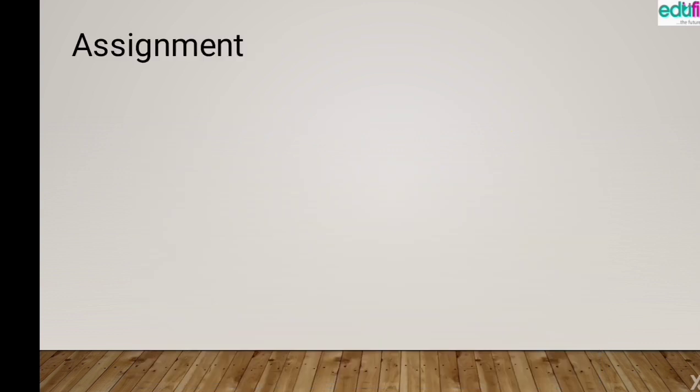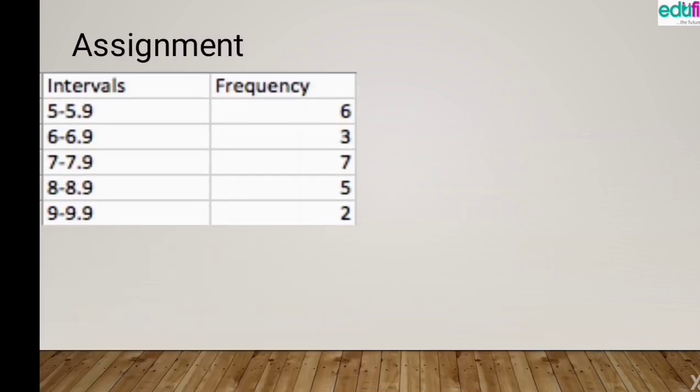Now let's take an assignment. This is a frequency table, where they have the intervals of 5 to 5.9, 6 to 6.9, 7 to 7.9, 8 to 8.9, and 9 to 9.9.